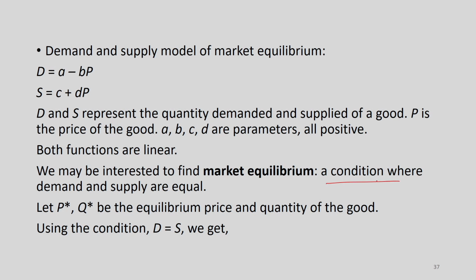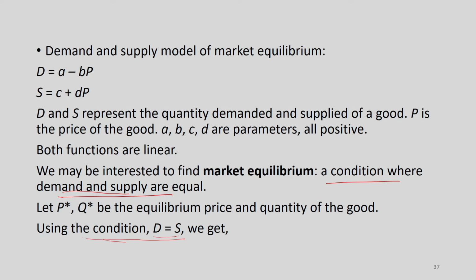Now, as we know, the equilibrium is defined to be a condition where the demand and supply are equal. So, we have to use this relation, and by using this condition we get this particular equation that capital D must be equal to capital S. Okay.